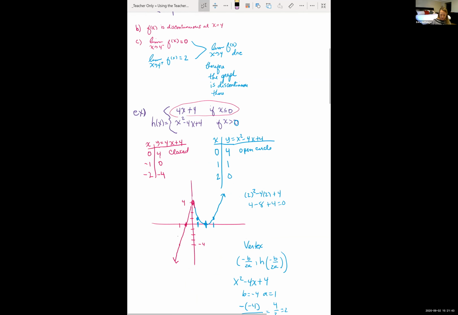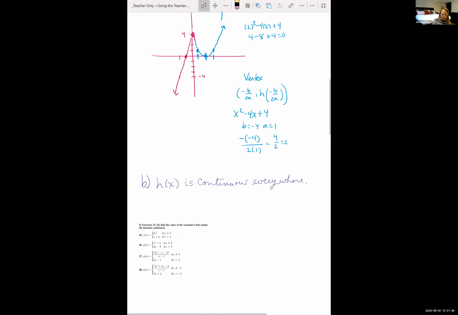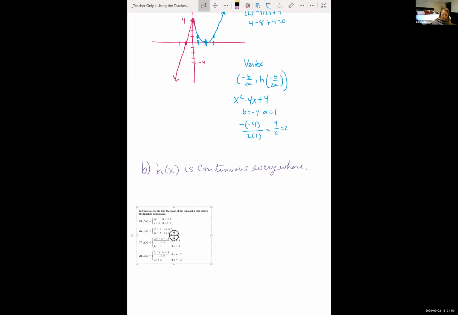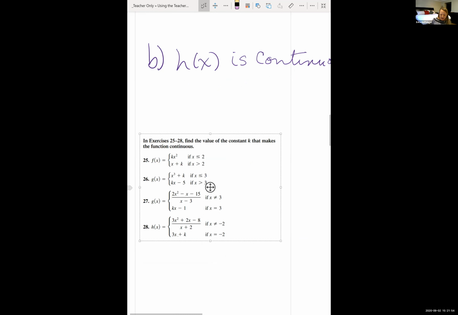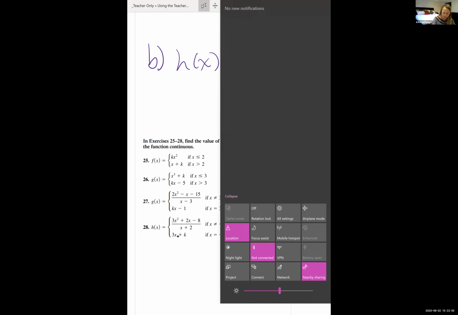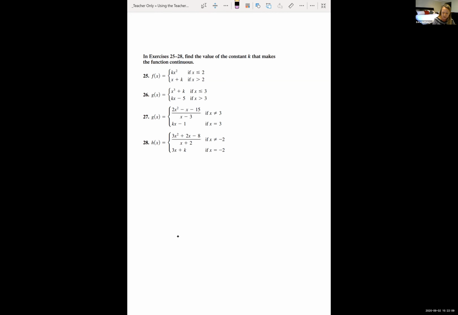So let's look at something else. The following: we want to find the value of k that makes this function a continuous function. I know that any constant times x squared is continuous everywhere.